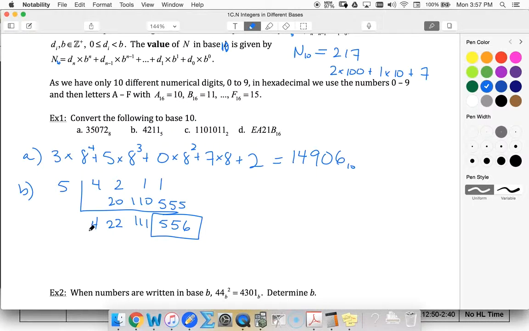Of course, it only gets multiplied 3 times. So first time, second time, third time, because this value doesn't get multiplied by 5 again, but it ends up being the same. We had 4 times 5 to the third, plus 2 times 5 squared, plus 1 times 5, plus that last one, also ended up giving us our 556 in base 10.